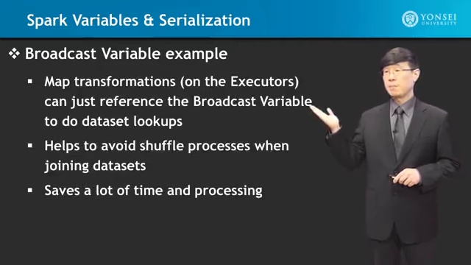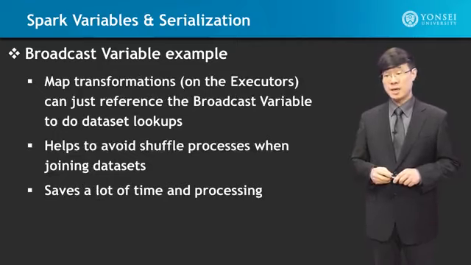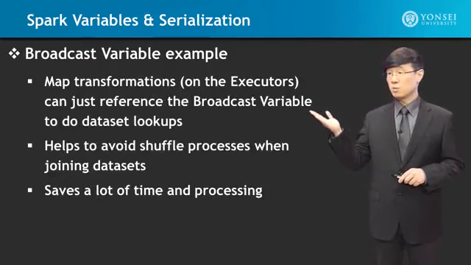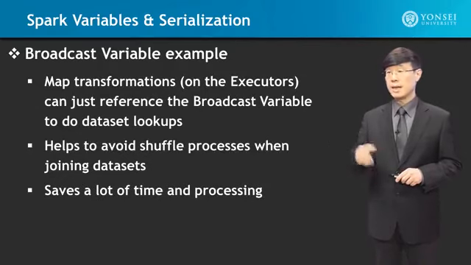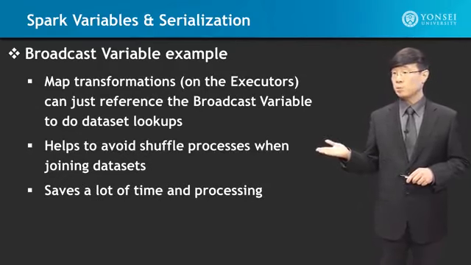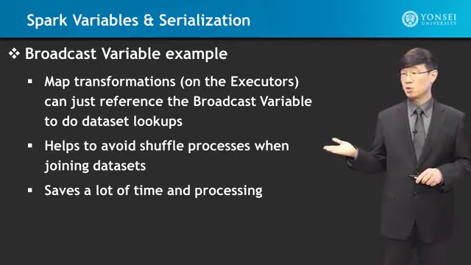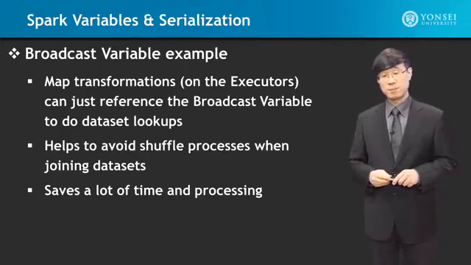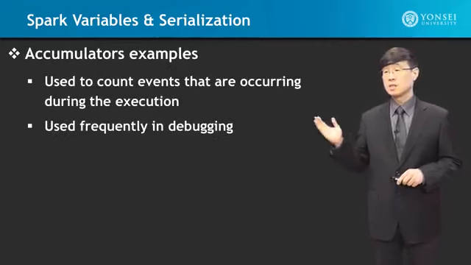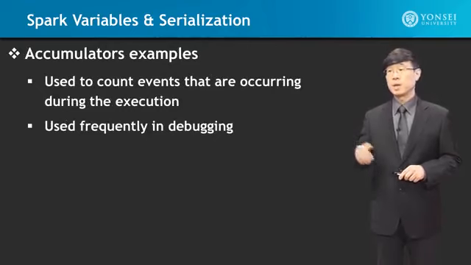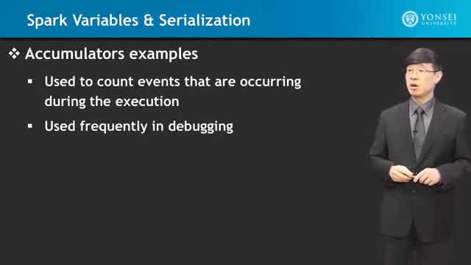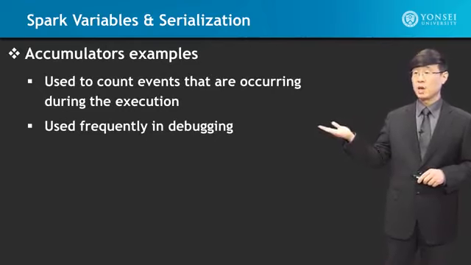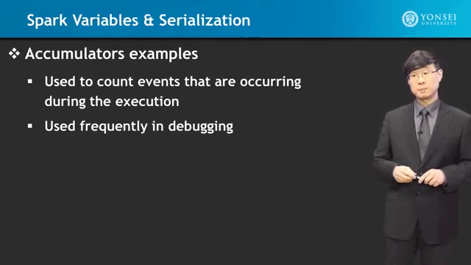In addition, map transformations on the executors can just reference the broadcast variables to do dataset lookups, which helps to avoid shuffle processes when joining datasets, and it saves a lot of time and processing. That's why it's used so effectively. Some accumulator examples: it's used to count events that are occurring during the execution, and is used frequently in debugging.